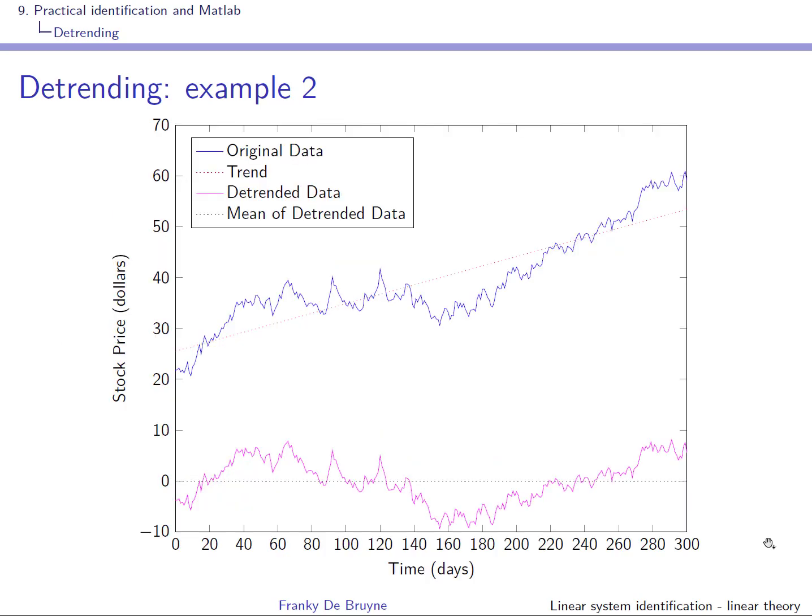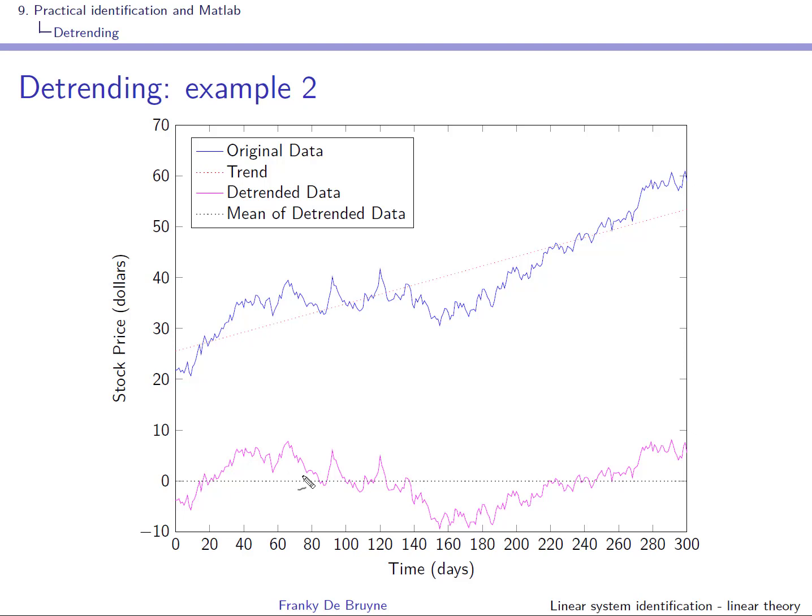So here in blue you have the original data that has been generated, right? This is this linear trend plus this random walk around it, and then the command detrend is used, and the detrended data is shown here below in pink. And what you see here is of course only the random walk, so the variation around 0.